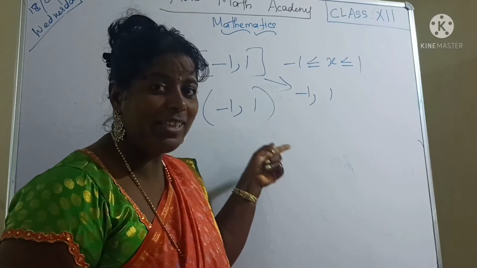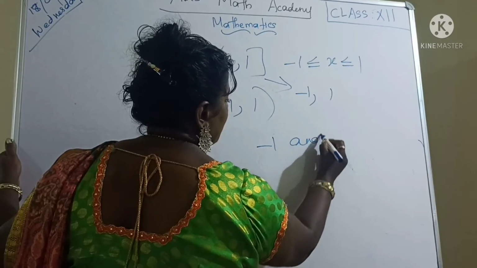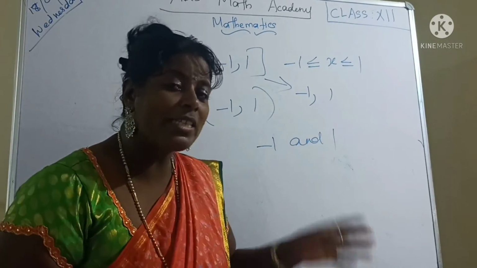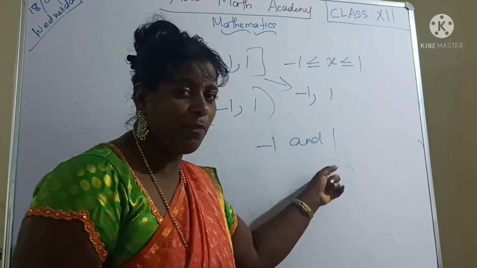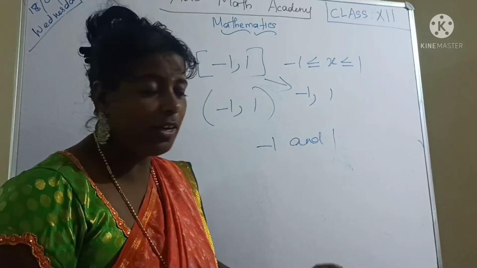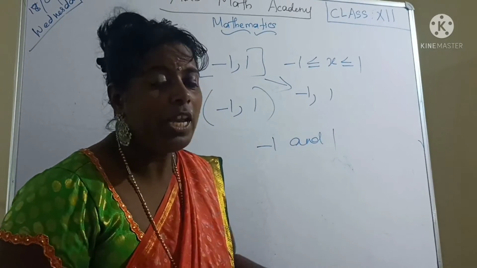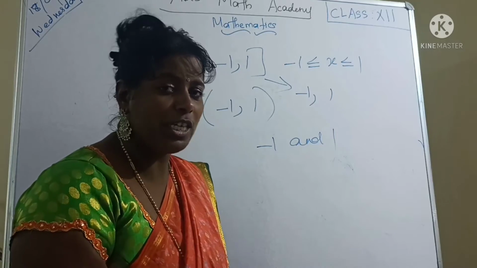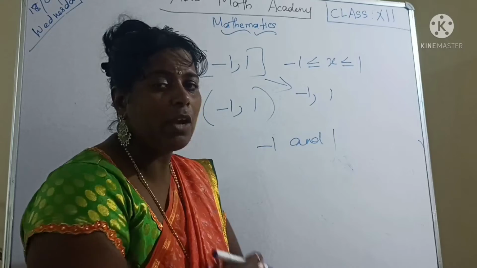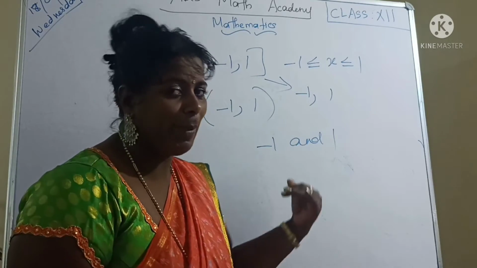This is an interval that does not include minus 1 and 1, but it includes all the points in between minus 1 and 1. So closed interval means it includes minus 1 and 1, and open interval means it does not include minus 1 and 1. That is the difference between closed interval and open interval. You have to know this because some students have confusion about it. That's why I explained like this.